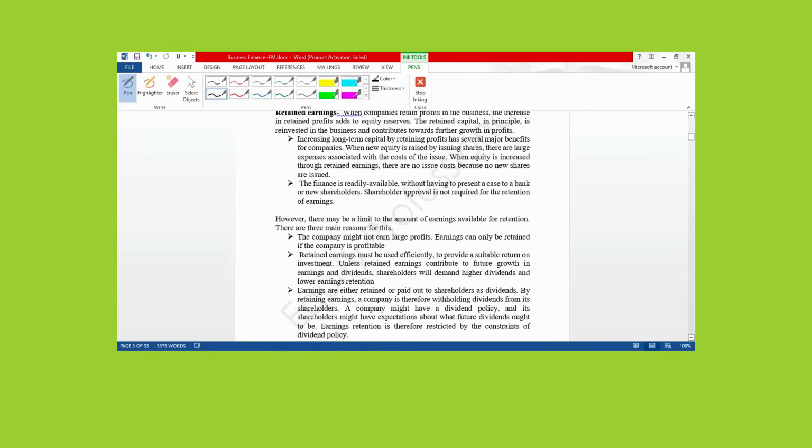The directors should be able to use retained earnings efficiently to provide suitable return on investments to the shareholders.